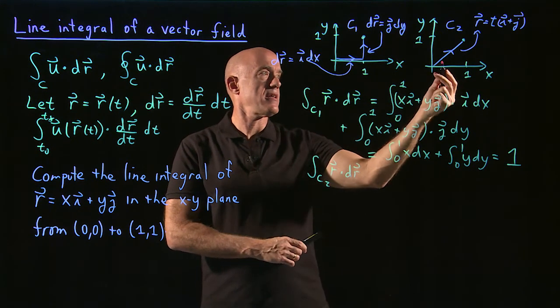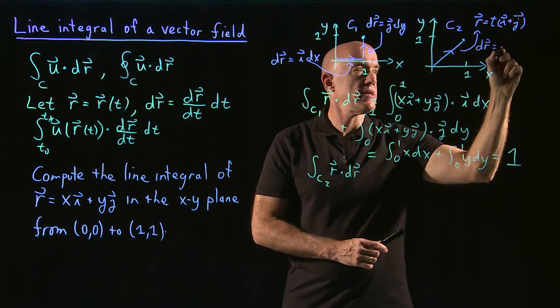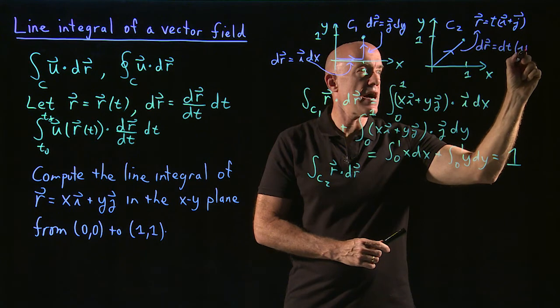And dr then is quite simple. dr would just be dt times i plus j.